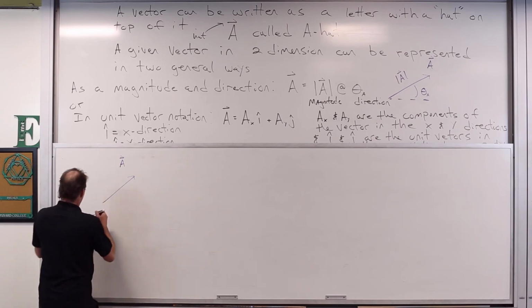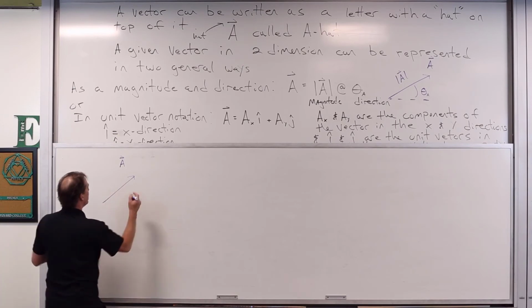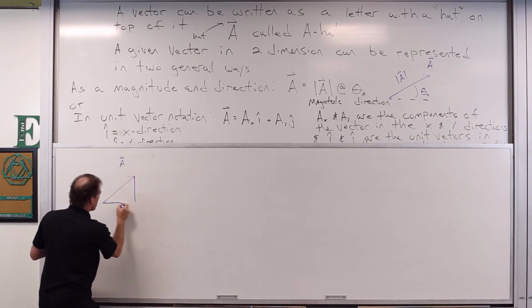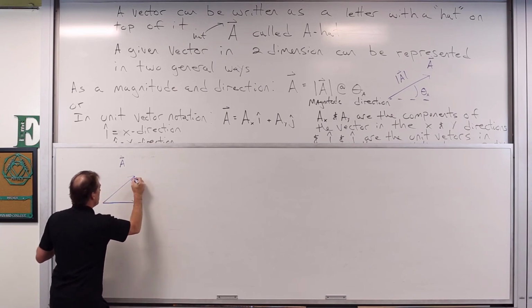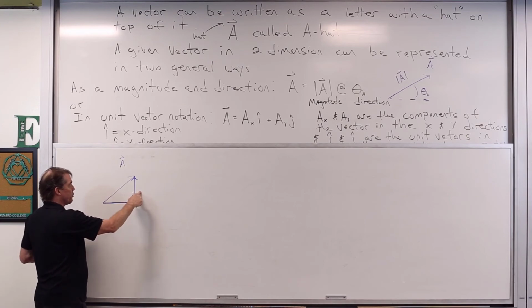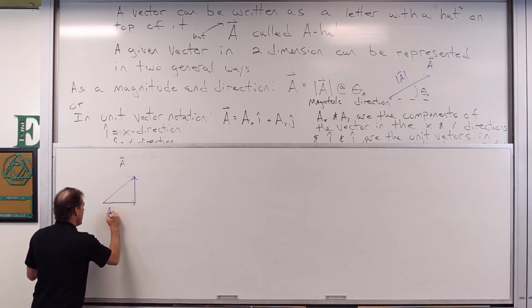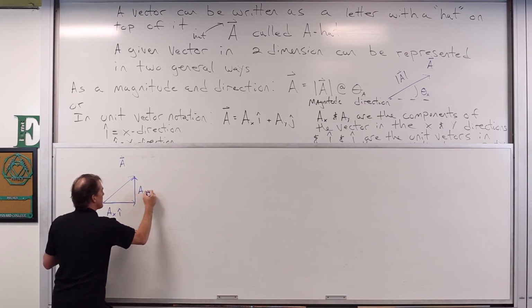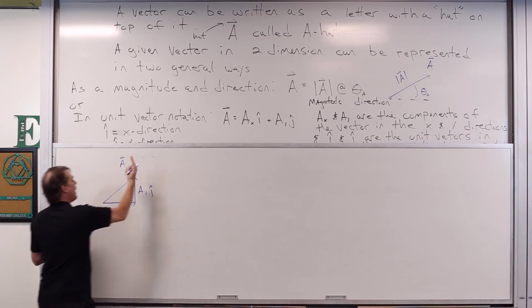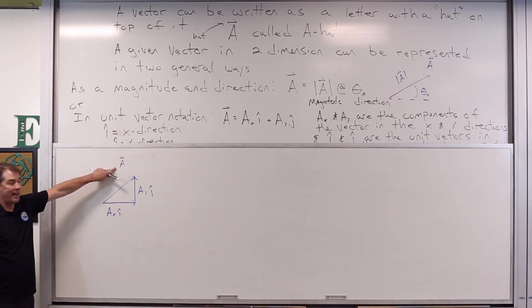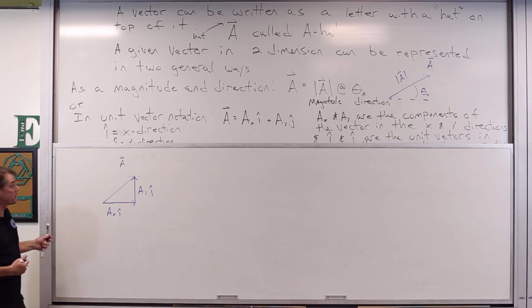So we can look at this like this. We can take this straight down, take this over, and this would be the x component, this would be the y component. This is a sub x in the x direction, a sub y in the y direction. I hat, j hat, which forms the total vector A hat. So this is how we can look at the components.